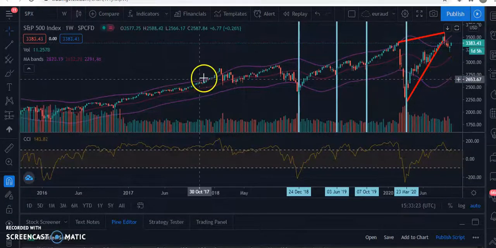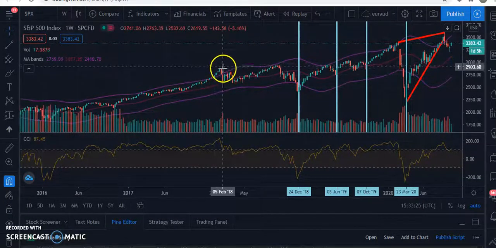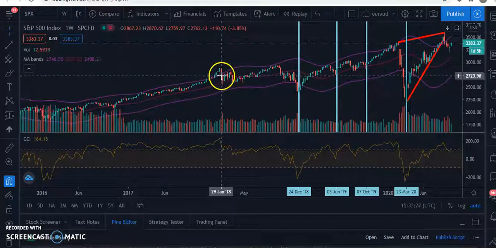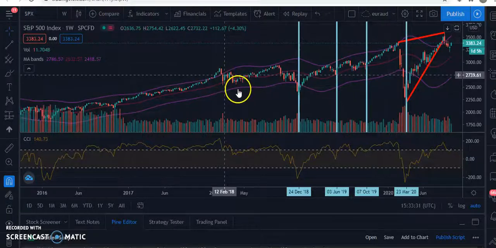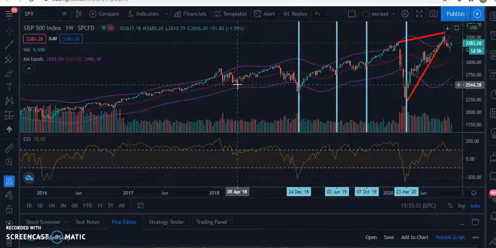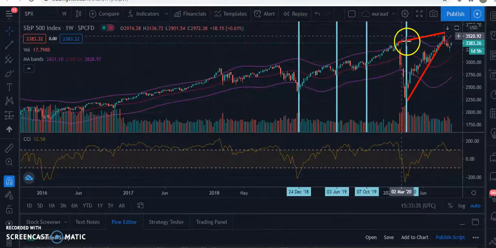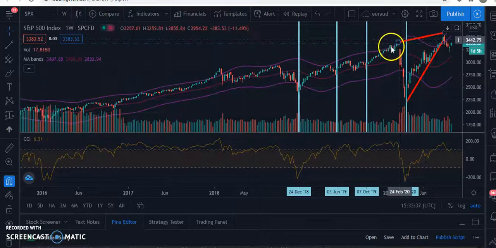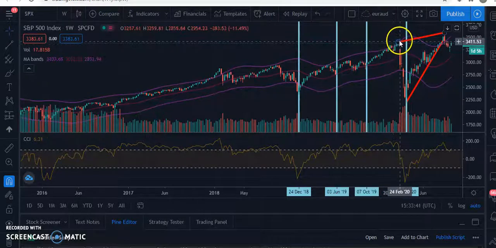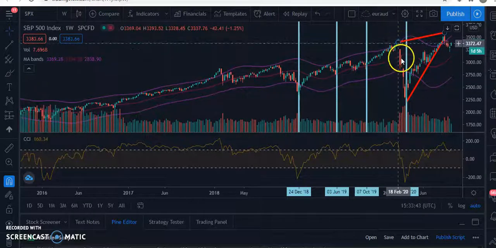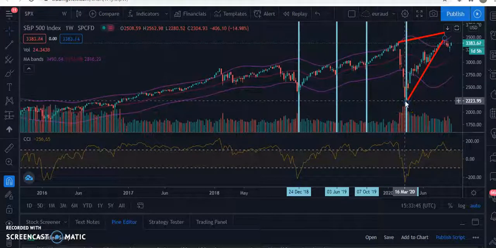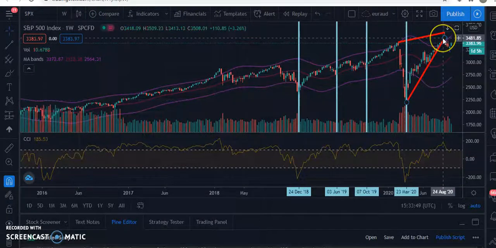When that happened in two cases before, we saw a long black candle coming inside after having broken above the upper band, and then a small retrace. In this case, over February 2020, the price broke above the upper band and then fell in a vertical way down to 2,200 points.